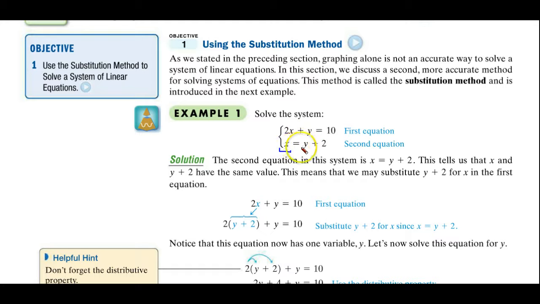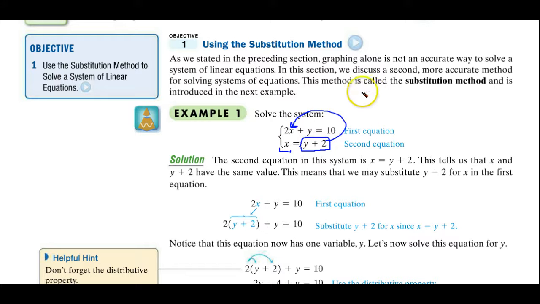Now, what can we do with this? If we say that x has this value, we can take this value of x and put it in the other equation. That is, substituting this value for x in terms of y in the other equation.